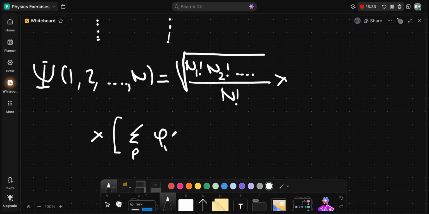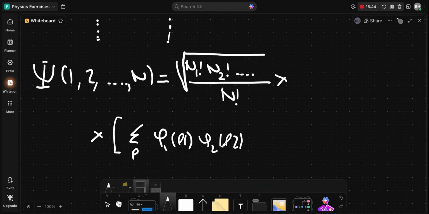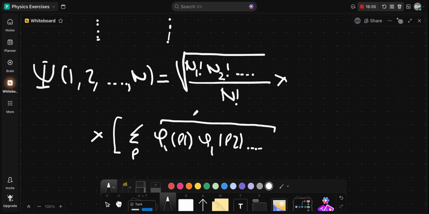And I have phi1 of p1, phi2 of p2. No, not phi2, sorry. Phi1 still. It could be phi2 if you only have one particle in state 1. The point here is that you have n1 particles in state 1. And at some point, you will have to start listing your phi2 particles.